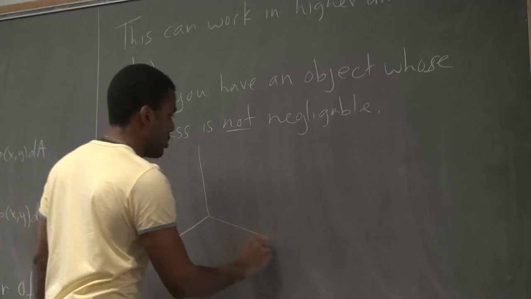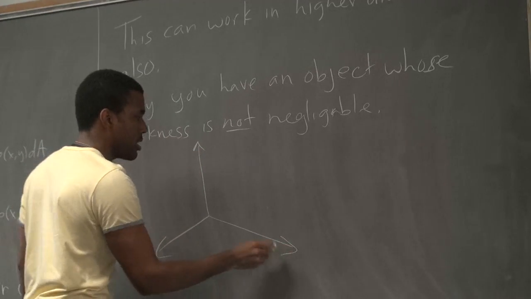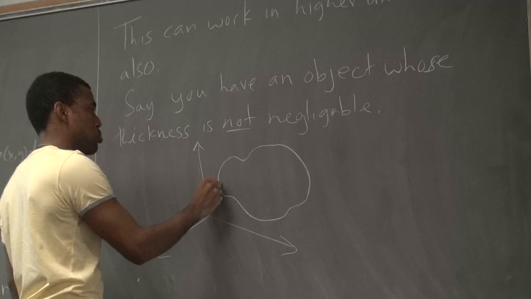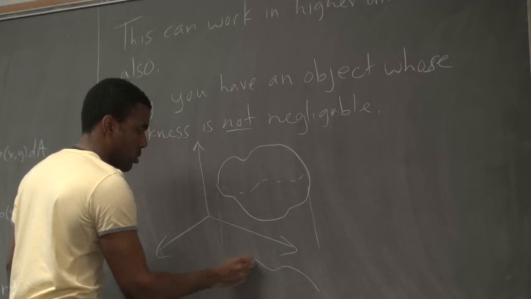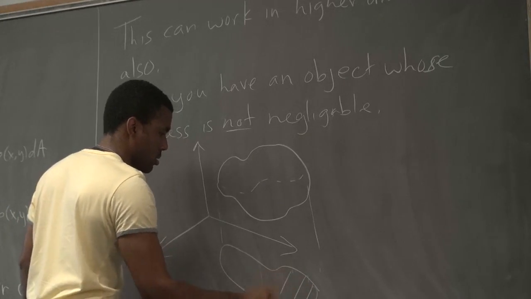So let's say now you're still in 3 dimensions, but now you have an object whose thickness actually matters. A 3-dimensional object. You can still figure out where its region of projection is.